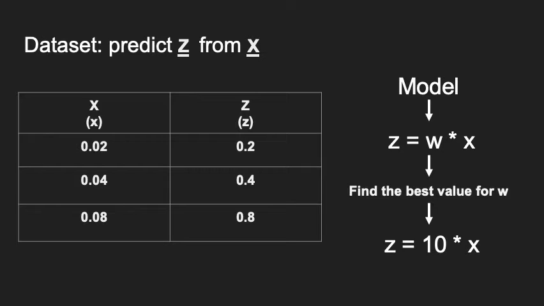If you want the model to predict the value of z from x, all you have to do is multiply by 10. So this is your model, and this is how basic neural networks work. You decide that z can be represented by w times x, and then the goal is to find the best value for w. Just by looking at the data set here, you can see that the best value for w is 10.